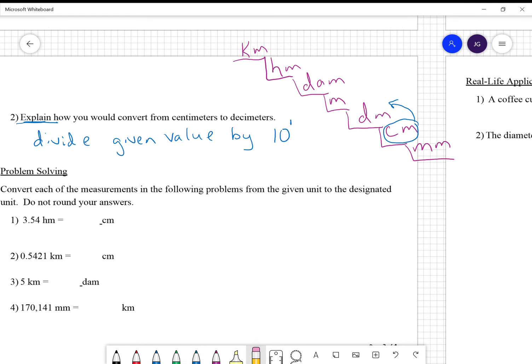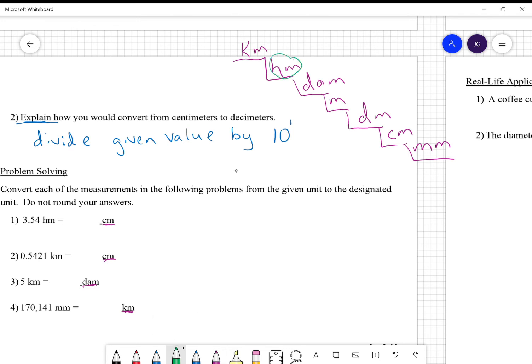Okay, all right, let's look at these next problems. Convert each of the measurements in the following problems from the given unit to the designated unit, and then it says do not round. Notice I already have the measurement there for you. Make sure that when you write your test, you put the label in your answer. 3.54 hectometers to centimeters.